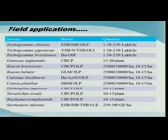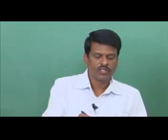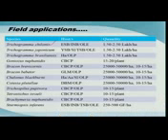Now some of the important parasitoids have been recognized, mass produced, and their dosages fixed against certain crop pests. For example, Trichogramma chilonis, a very useful egg parasitoid used against shoot borers or stem borers, should be released at the rate of 1.5 to 2.5 lakhs per hectare.